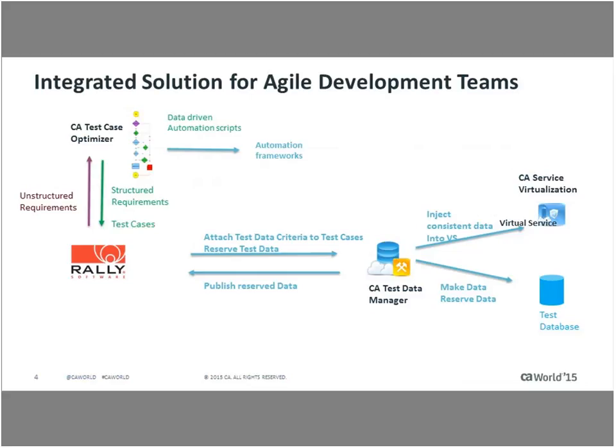So what this gives you, from the CA perspective as part of the app delivery plus what Rally provides, is an end-to-end integrated platform for your agile development teams, which is much more efficient for your testing practices. So you start with the Test Case Optimizer, where you can convert your unstructured requirements from Rally, bring them into the Test Case Optimizer, make them structured requirements, and put them back into Rally as test cases, as well as requirements, by the way.